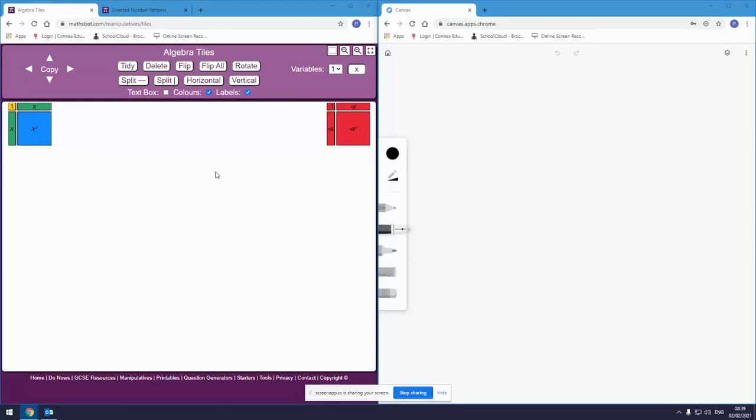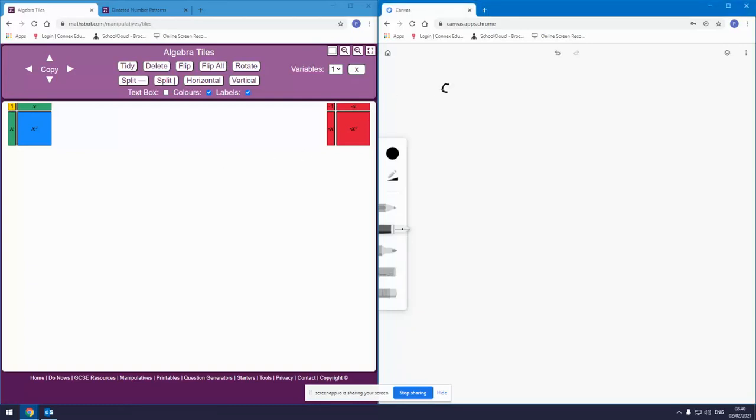Also, this is designed to come towards the end of a pupil's learning about factorization and expansion. So pupils may need to be familiar with using algebra tiles for expanding and factorizing linear expressions and expanding quadratic expressions in order to get the most out of this.